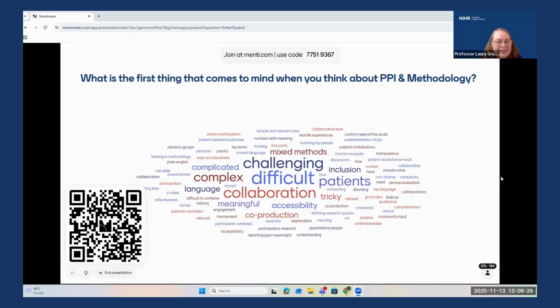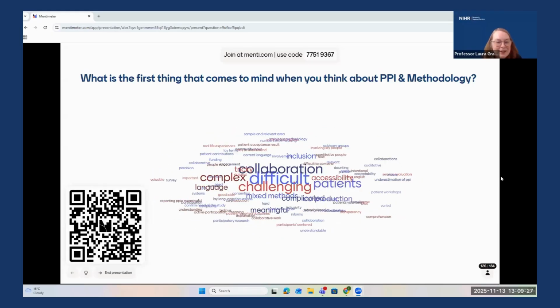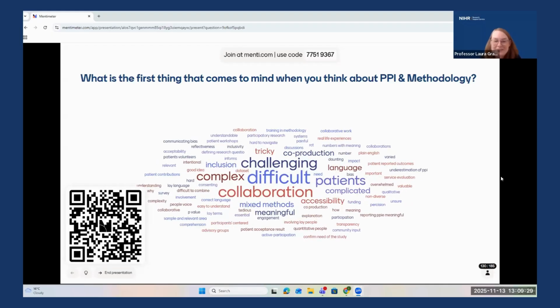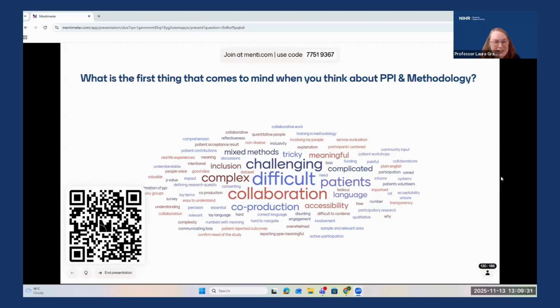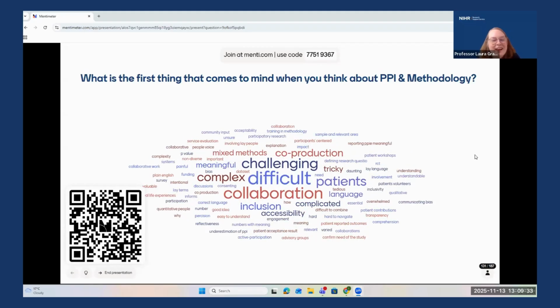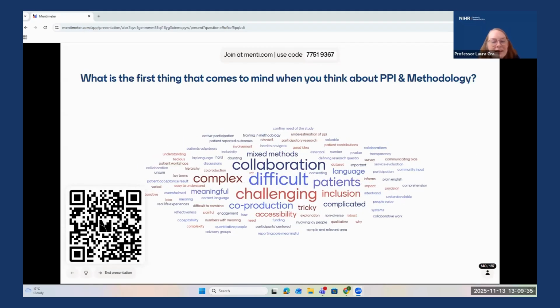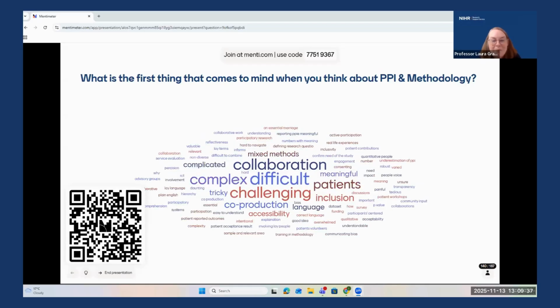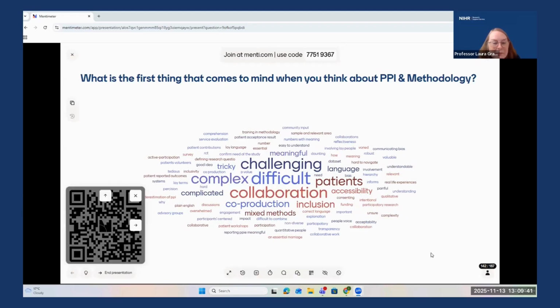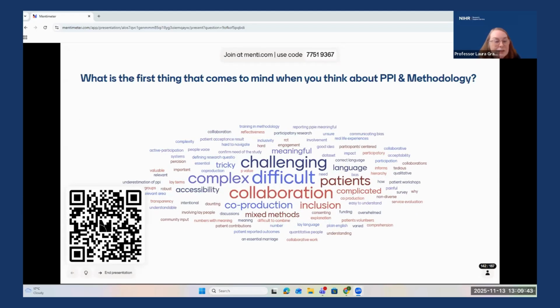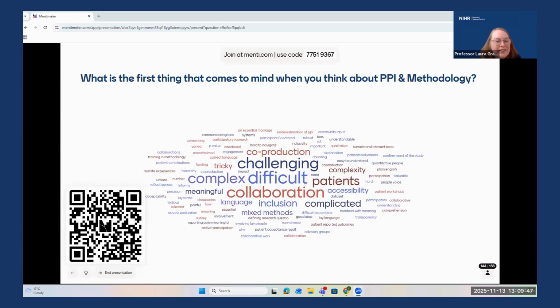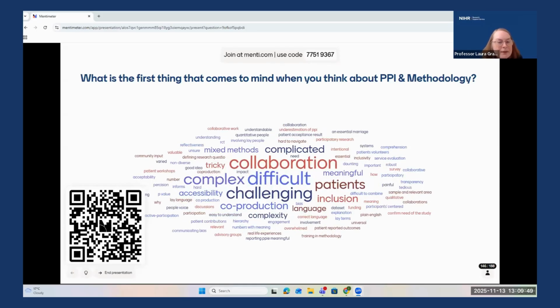Great, so let's have a look at, so a big word, difficult, yep, challenging, complex, and then we've got some words which are around the sort of methods that you might use, so sort of co-production, thinking about inclusion, tricky, that's a good word.